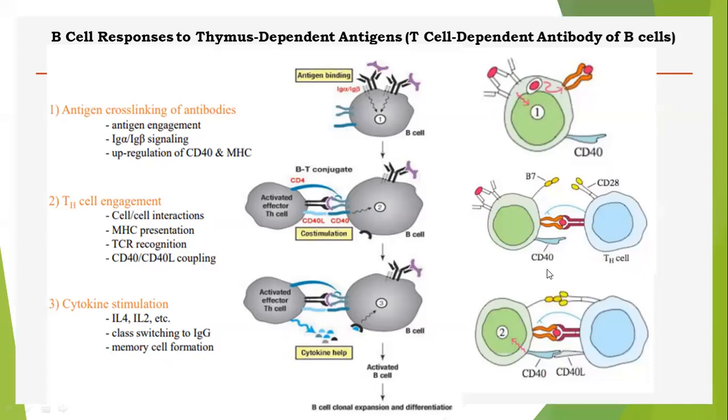So just an addition to the understanding to say that the B7 and the CD28 are also equally important in the binding of the B cell and the T cell. So it is important that as much as we have the CD40 ligand and the CD40 receptor, the B7 and the CD28 is also very important in the completion of this particular interaction.